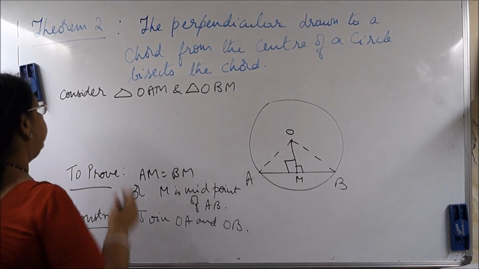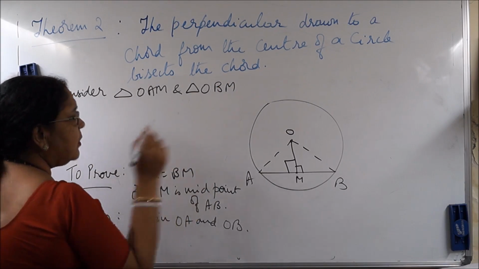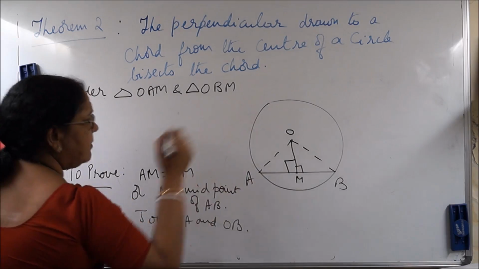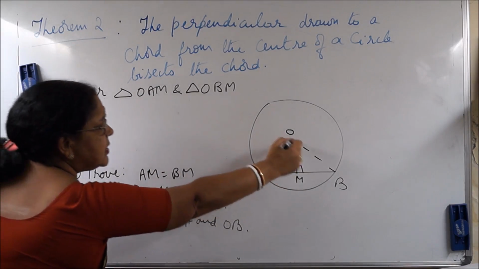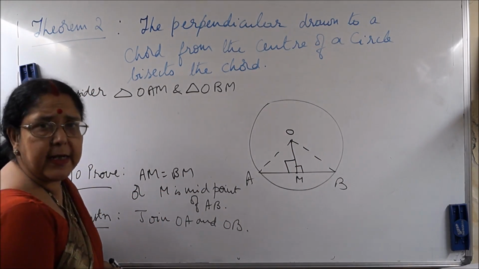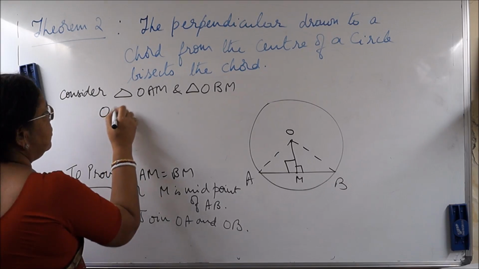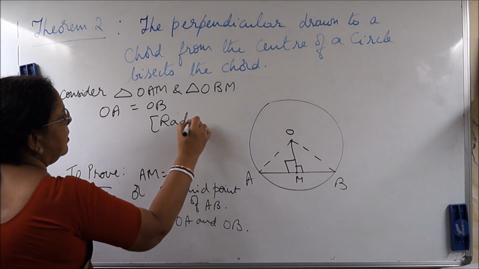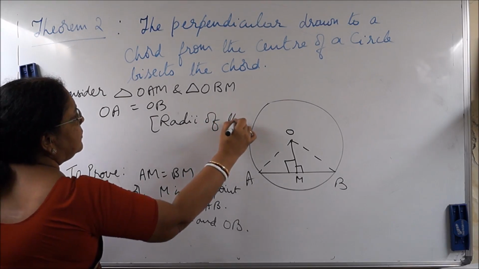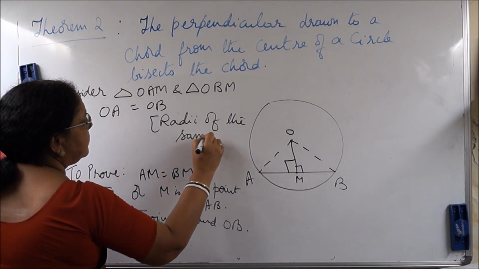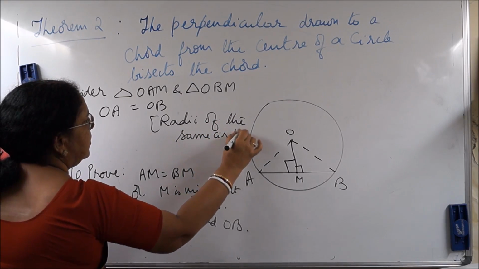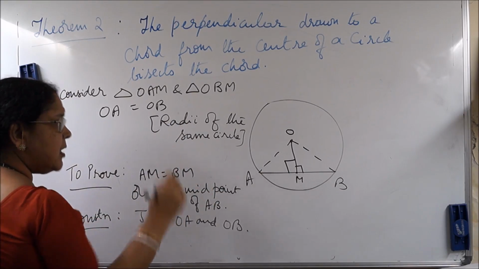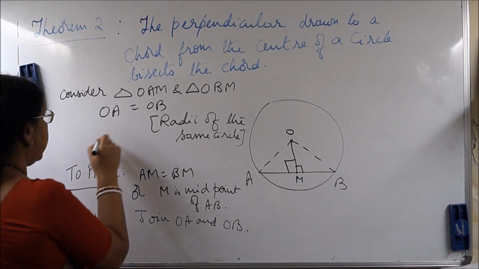Now in triangles OAM and OBM, again we have OA is equal to OB, the radii of the same circle. Then we have OM is equal to OM, common for both the triangles.